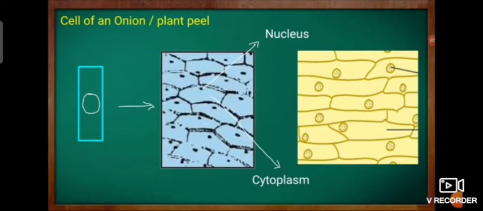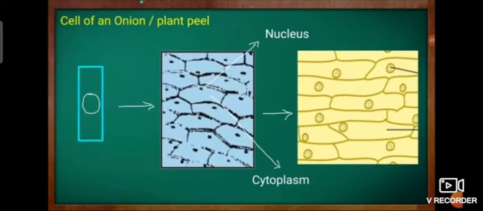The rest of the cell is generally termed cytoplasm. Cyto indicates cellular body and plasm indicates plasma state, that is, semi-solid in nature.